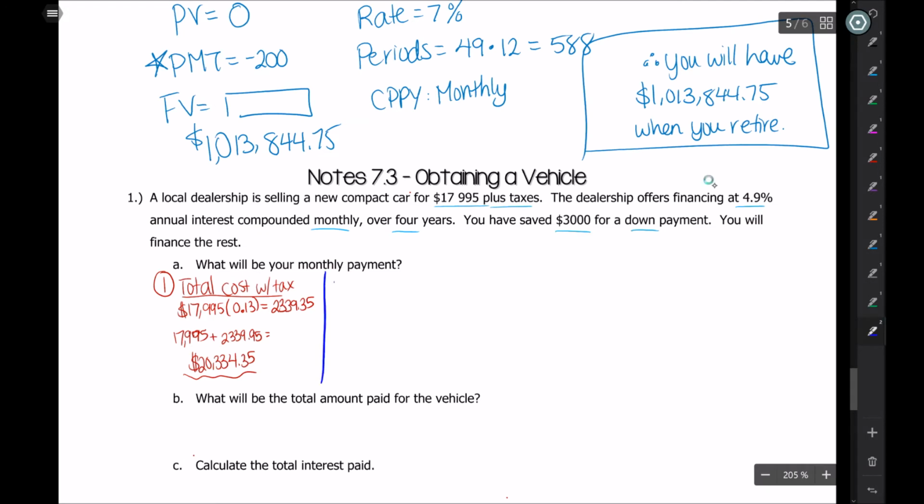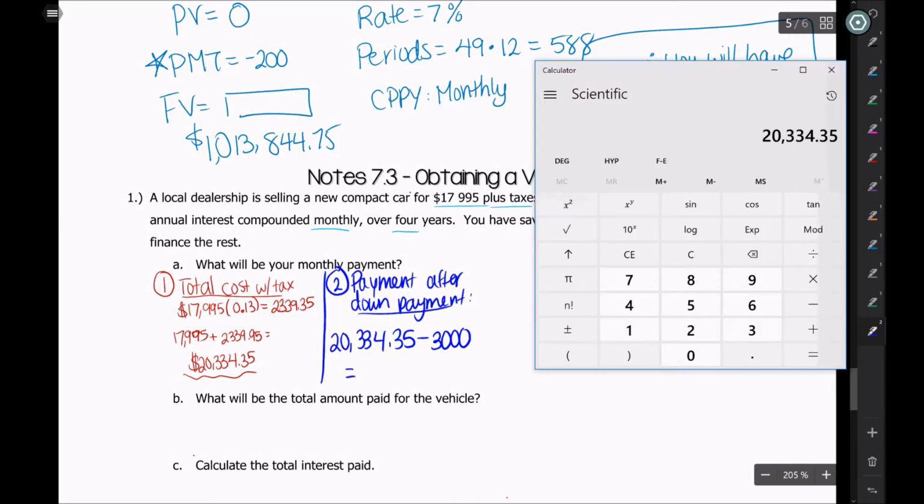Then once we do that, we need to find how much you're going to pay after down payment. So the payment after down payment: you know that it costs $20,334.35, but you're putting down $3,000, so whatever's left over is what you're going to finance.